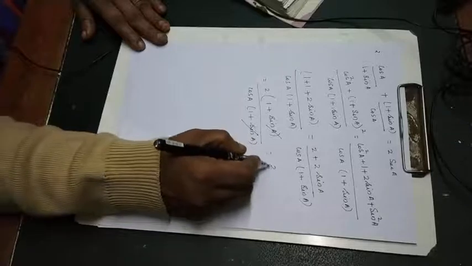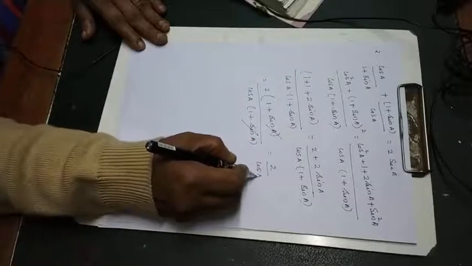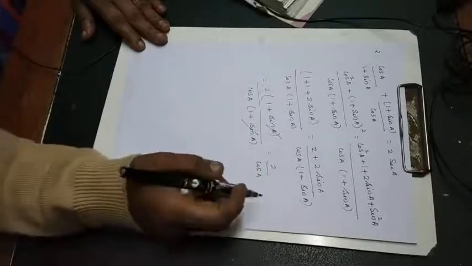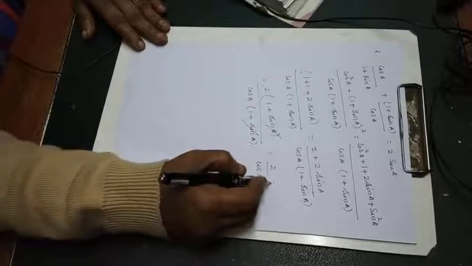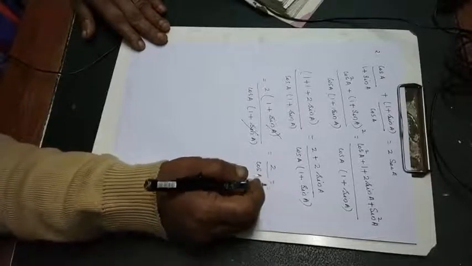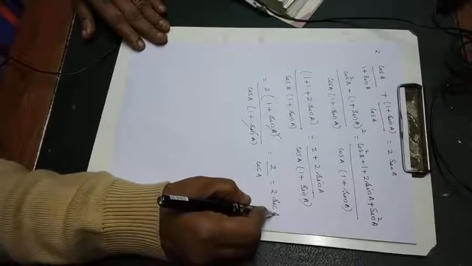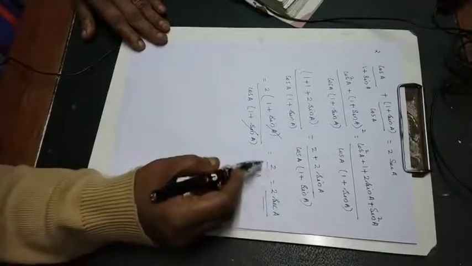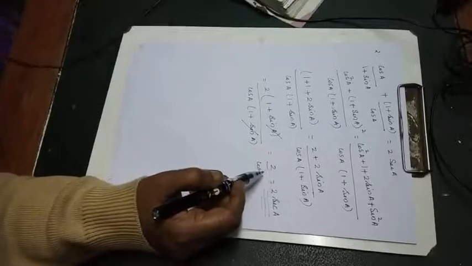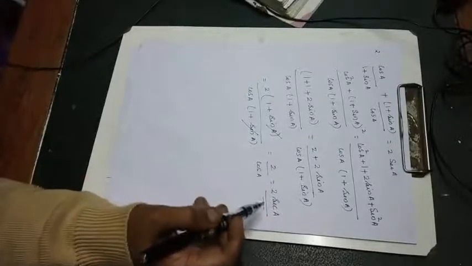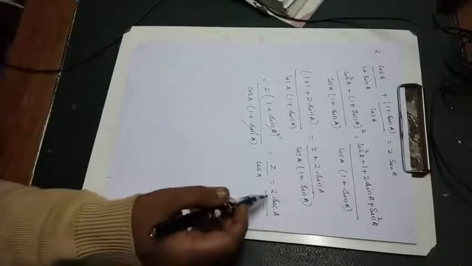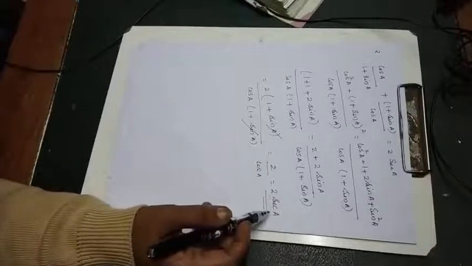What will remain? 1 by cos A. That is equal to sec A. So it will be 2 into sec A. It is actually 2 by cos A, it is actually 2 into 1 by cos A. 1 by cos A is sec A. So you will get 2 sec A.